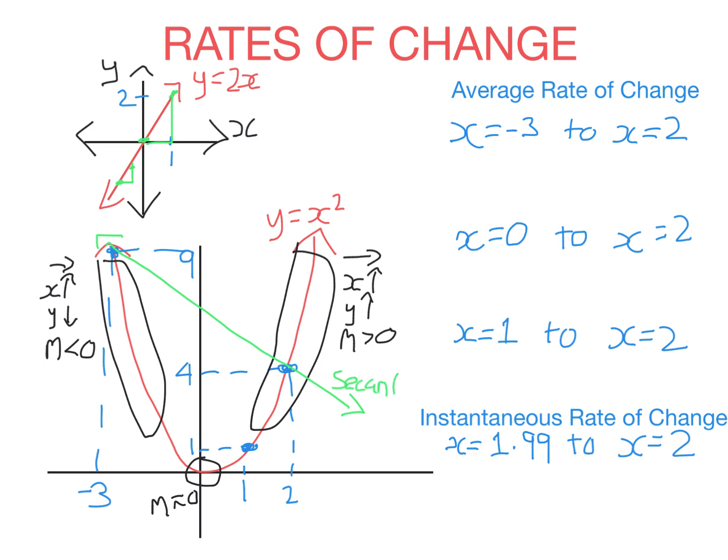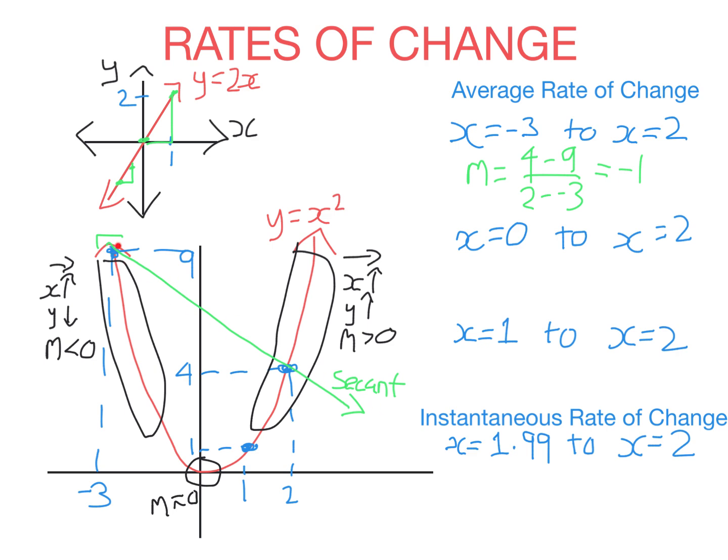Now, finding the gradient of this line in green is actually really simple. The gradient is simply y2 minus y1 over x2 minus x1. So it's negative 5 over 5, which is negative 1. That's the gradient of this line here in green.